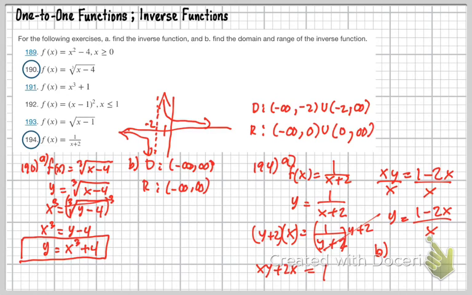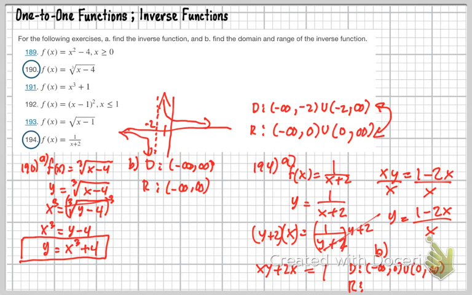Now remember what that meant. If we're talking about the inverse, we're going to swap those. So my domain then is going to be negative infinity to 0 union 0 to infinity.